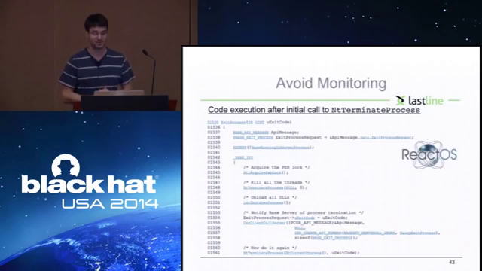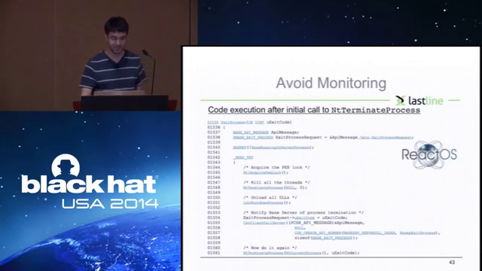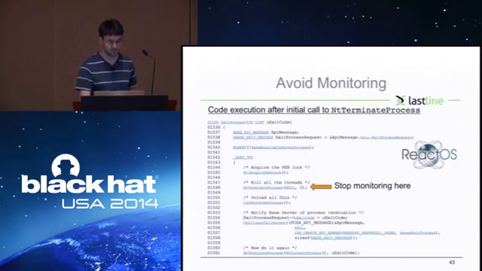So the interesting problem, and this is actually source code, it's not from the real Windows kernel, it's taken from ReactOS, shows you that you have this thing here where it says NtTerminateProcess is being called as part of ExitProcess, and it says kill all the threads, and this is sort of where we stop monitoring.